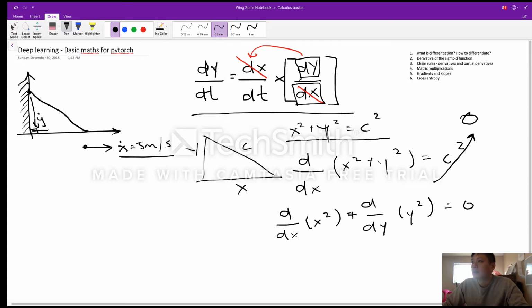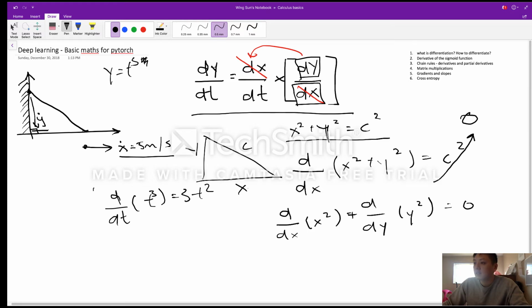Let's say that y is equal to t cubed. I can write d over dt of t cubed, which equals 3t squared.